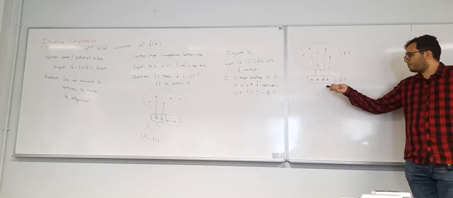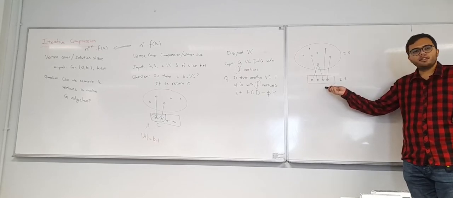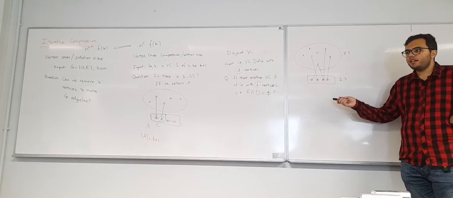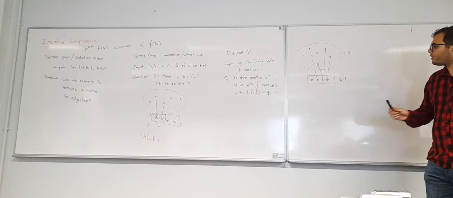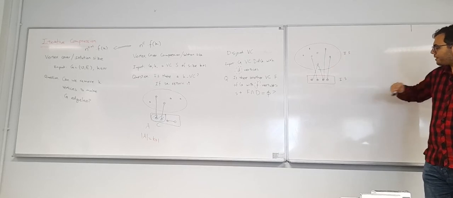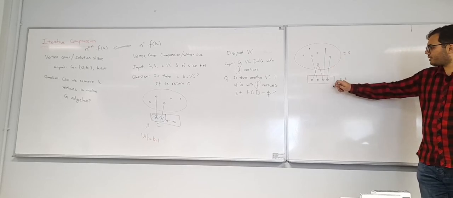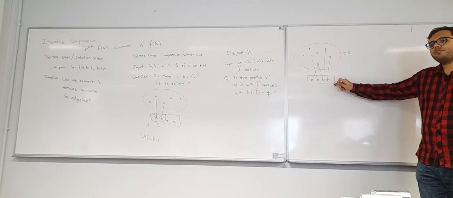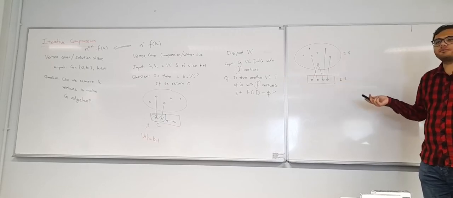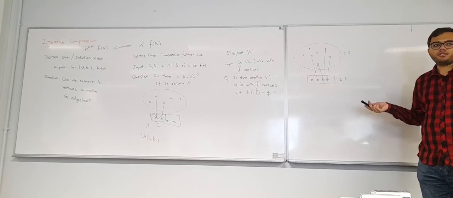I know that this part, the lower part, is a vertex cover. But I want to find the vertex cover. I want to find a way of covering all of these vertices without taking any vertices that are down here. So I have to take all the vertices up here that have an edge going out of them. Right? There's no other way.